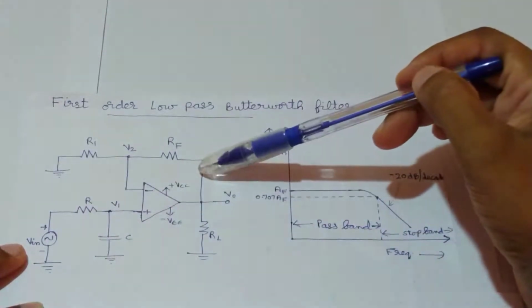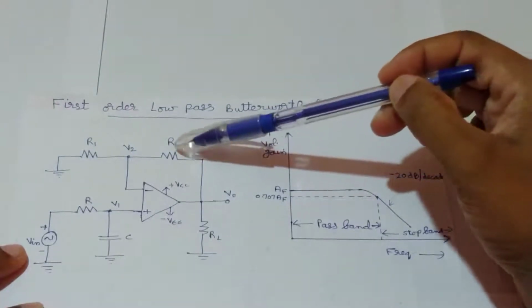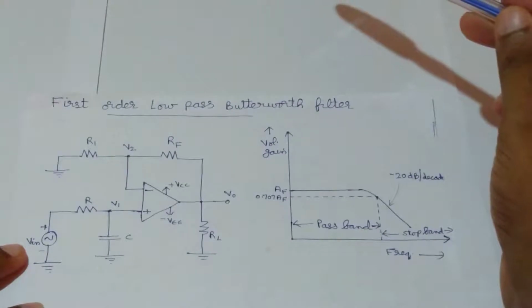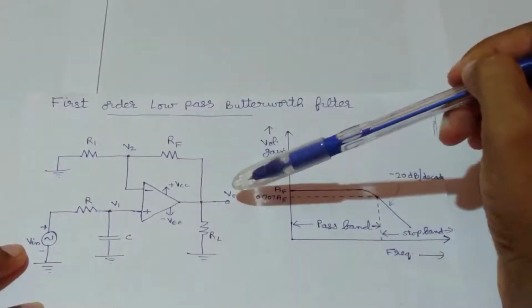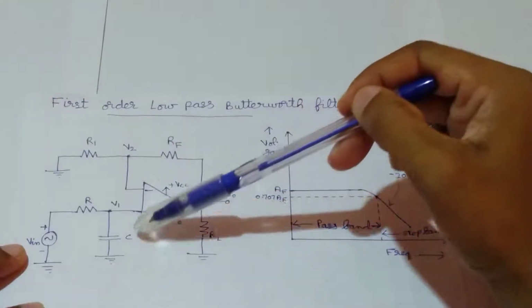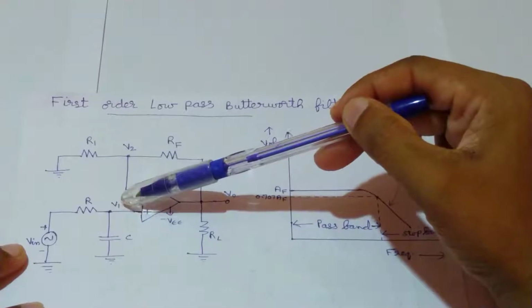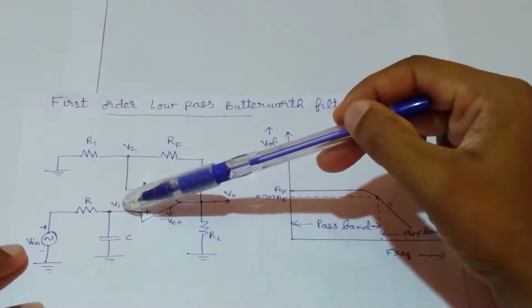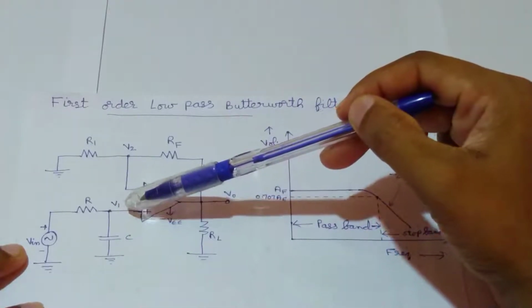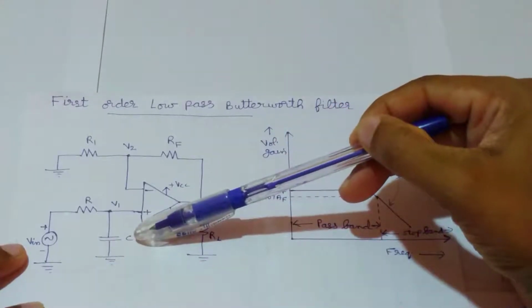Then what is the gain of the non-inverting amplifier? It is 1 plus RF by R1. So the output Vout will be (1 + RF/R1) times the voltage at the non-inverting terminal. And here the voltage at the non-inverting terminal is V1, and we can see this V1 is the voltage across this capacitor C.